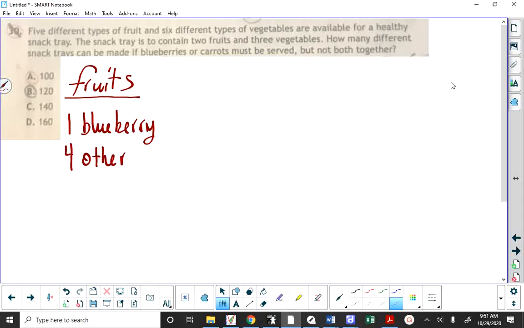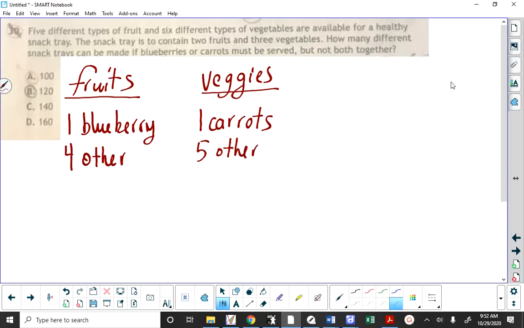And I'm going to take the veggies, and because of that condition of you have to either have carrots or blueberries but not both, I'm going to break the 6 vegetables down into 1 that's carrots and 5 that are other veggies. So let's look at this logically now.